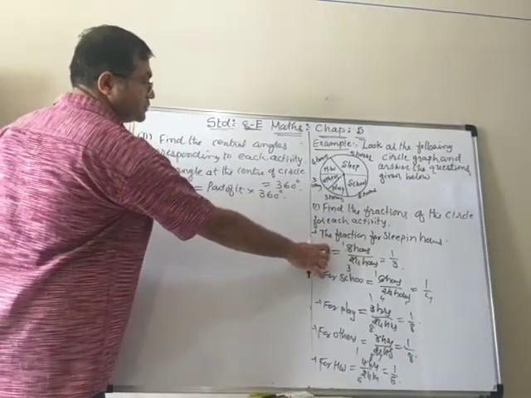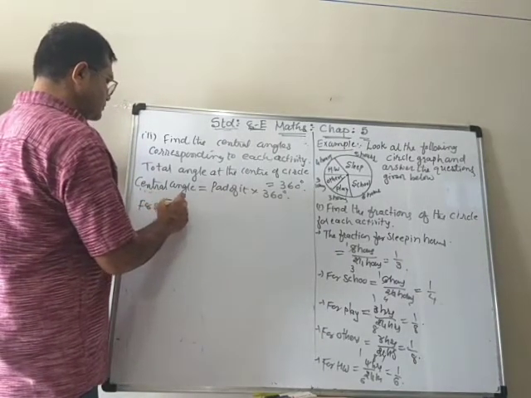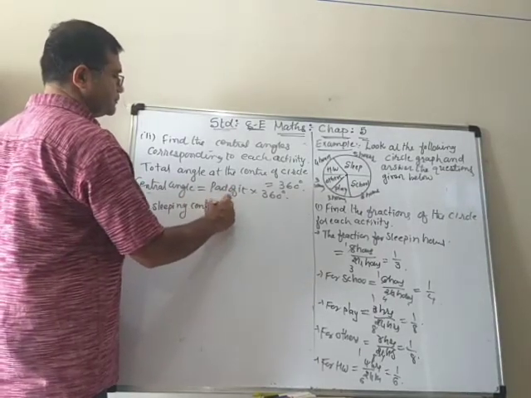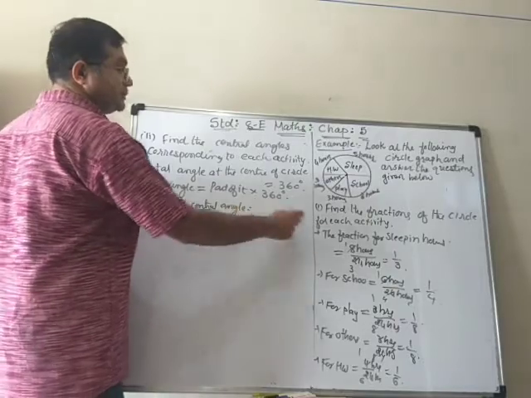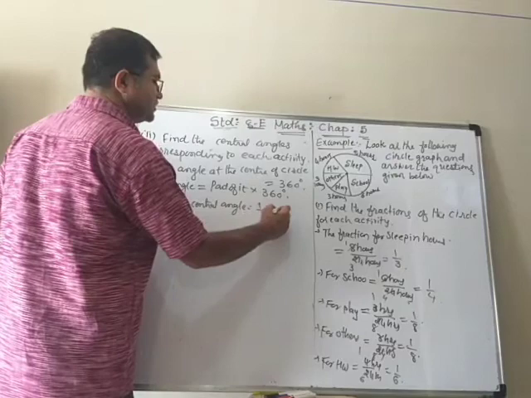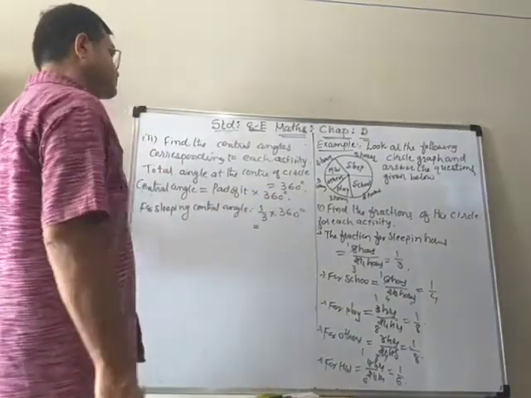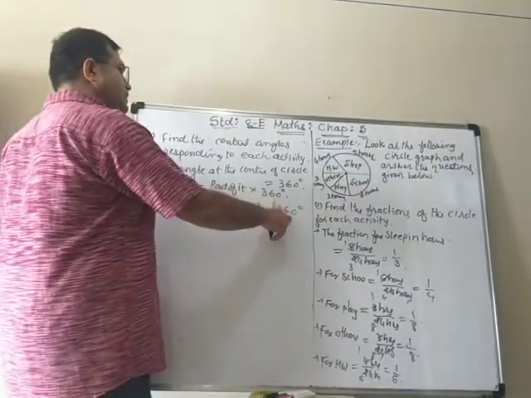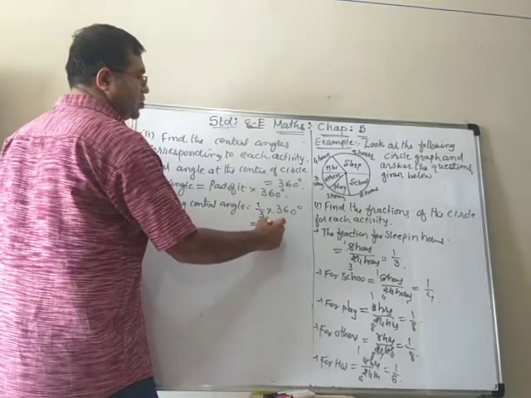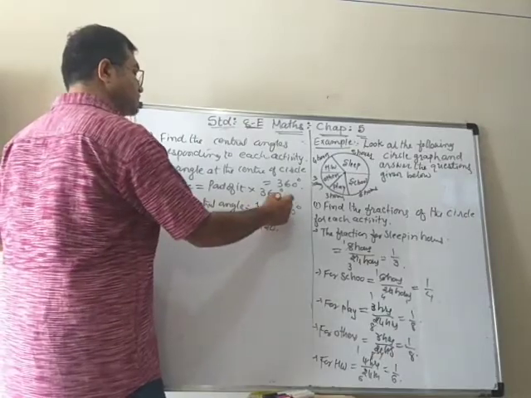So first we will take the central angle for sleeping. For sleeping we saw that the part is 1/3. So 1 by 3 multiplied by 360 degrees. If we divide 360 by 3, we will get the angle 120 degrees. 3 12s are 36, so 120.